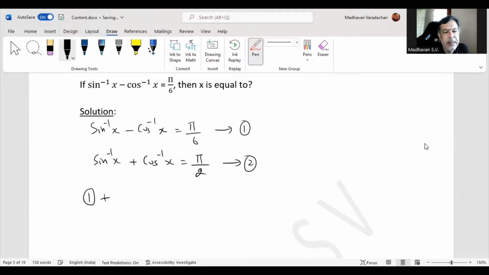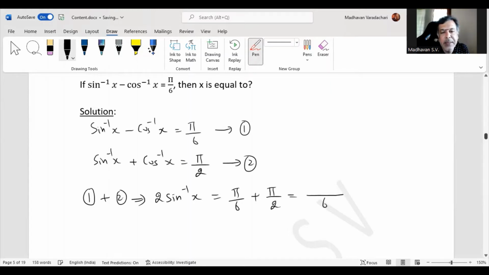Now, if we add the first and second equations, we get 2 times sine inverse of x, as cos inverse of x and minus cos inverse of x get cancelled. That will be equal to pi by 6 plus pi by 2.